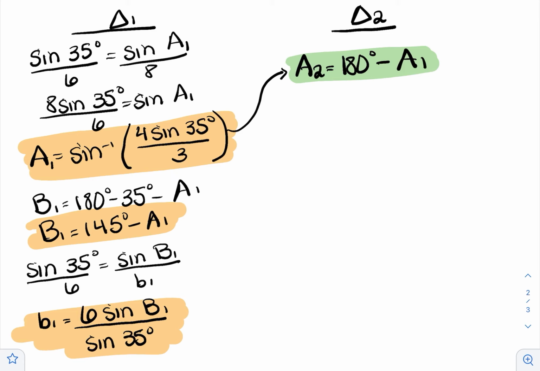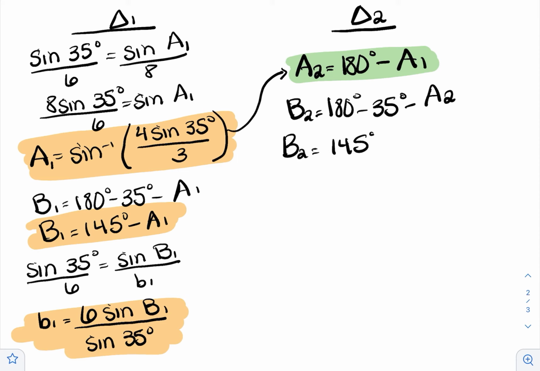So first you have B2 is 180 degrees minus 35, but now instead you're using A2. So that's going to be that B2 is 145 degrees minus A2.